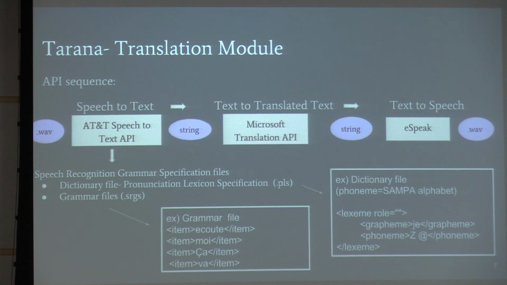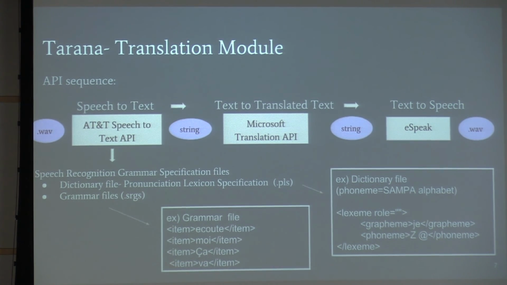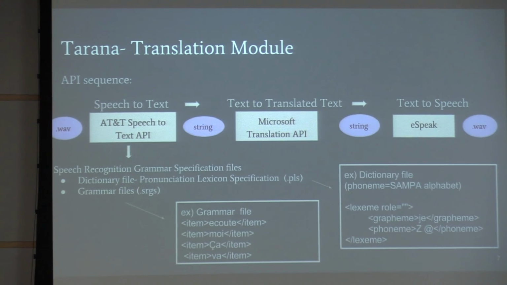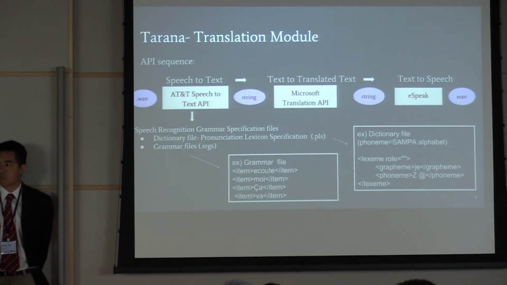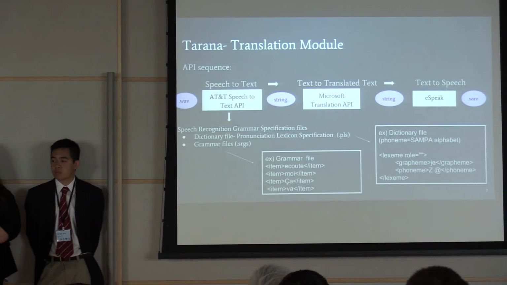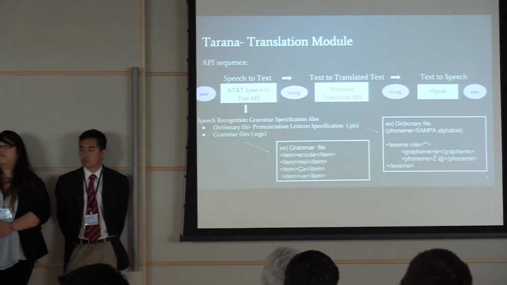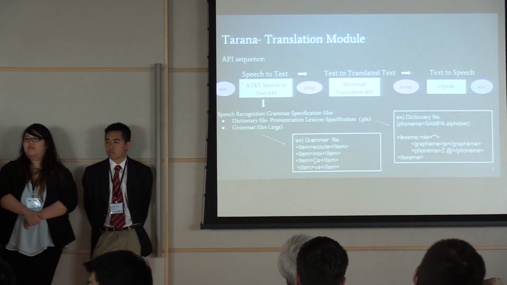We then pass this text to be translated to the Microsoft Translation API, which takes a string and the source and target languages as parameters. And then we receive the translated text, which we use eSpeak to create and play a WAV file. In order to transcribe speech-to-text properly, we had to use the AT&T speech-to-text custom API, which requires dictionary and grammar files, which basically map words to their proper pronunciations in the given language.